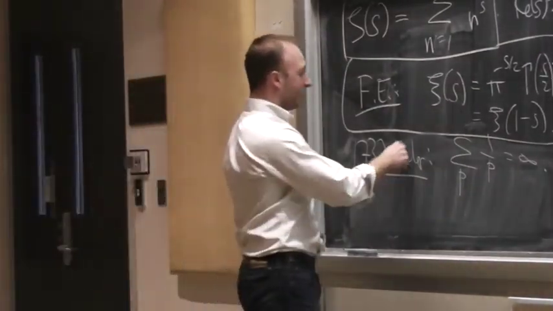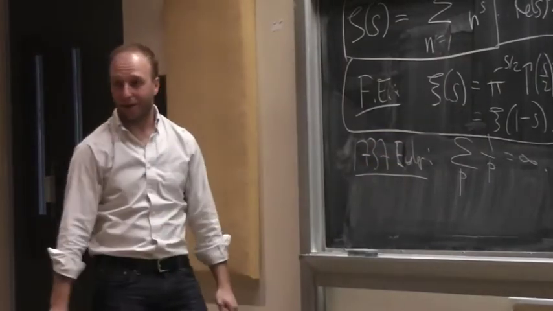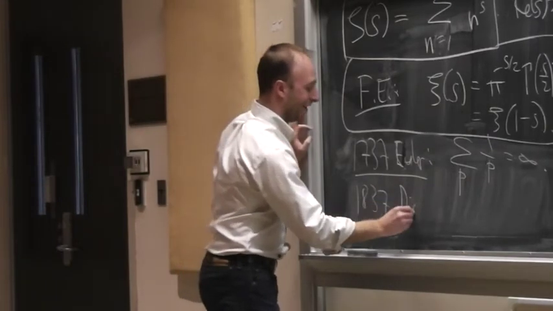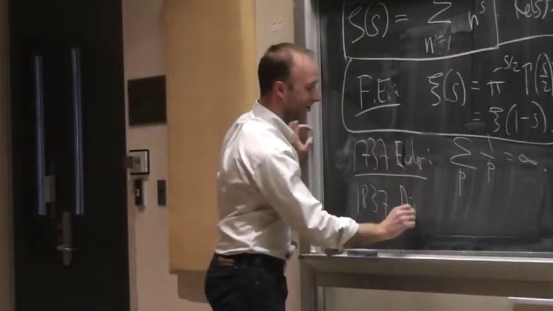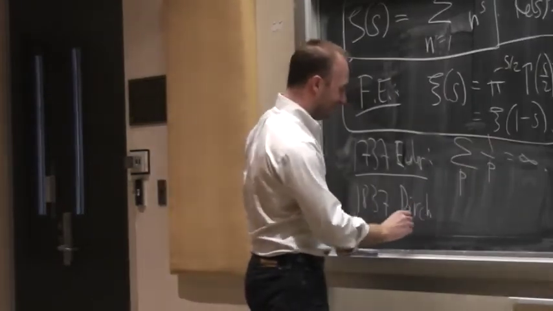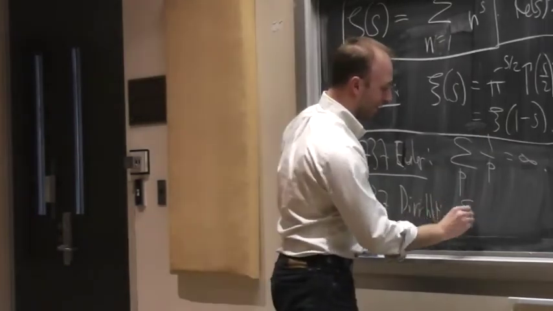And for a long time people had been trying to show that in any admissible arithmetic progression there would be infinitely many primes. And 100 years later, it's kind of in hindsight, because the proofs are so similar, you just need harmonic analysis on finite abelian groups. Dirichlet proved the stunning result.